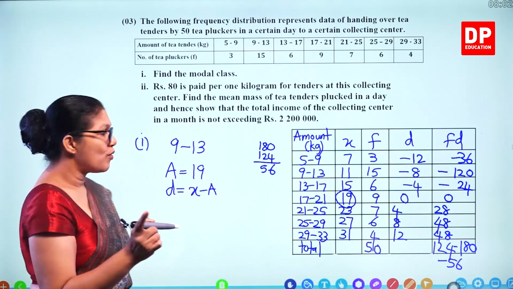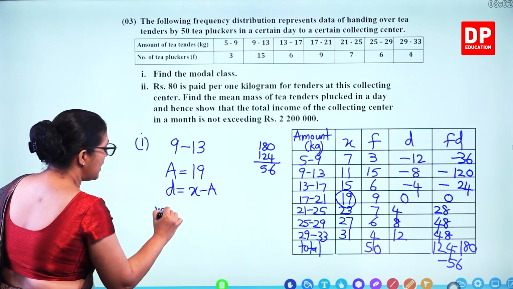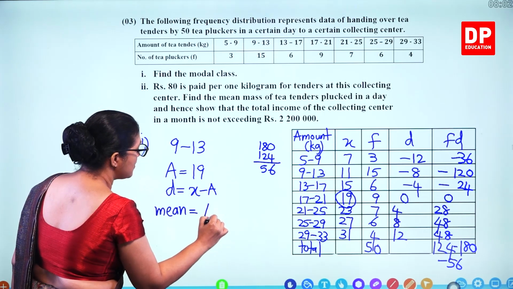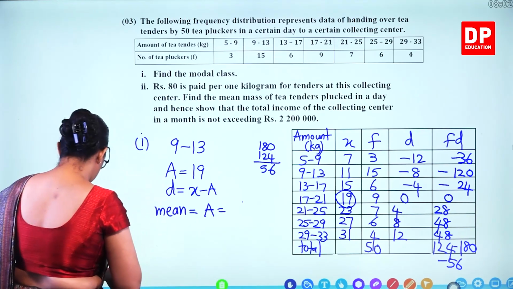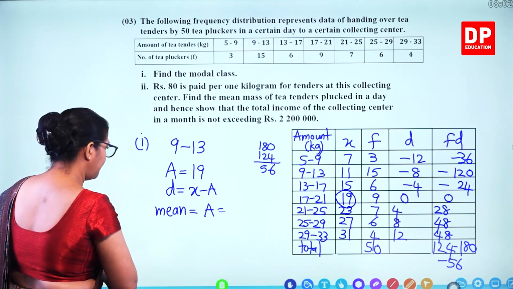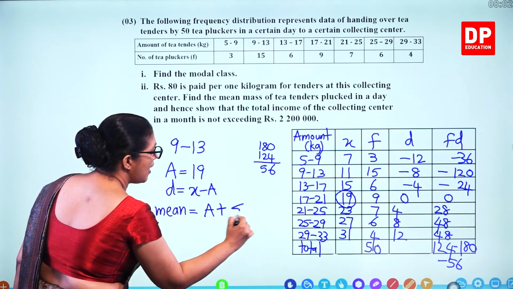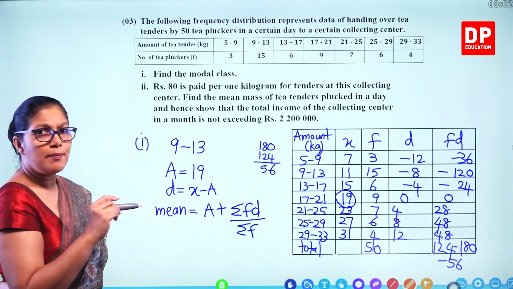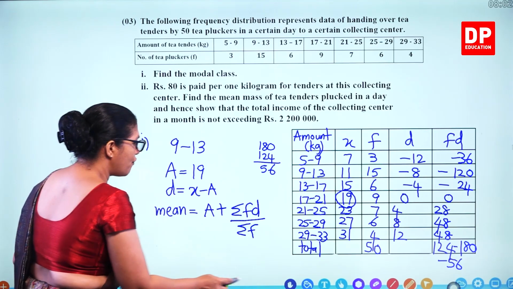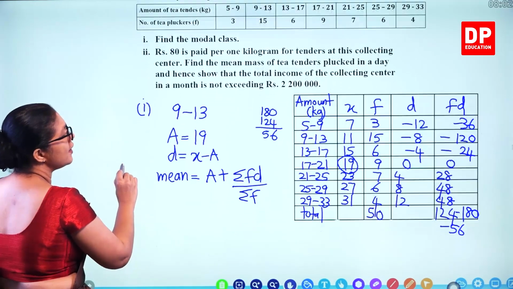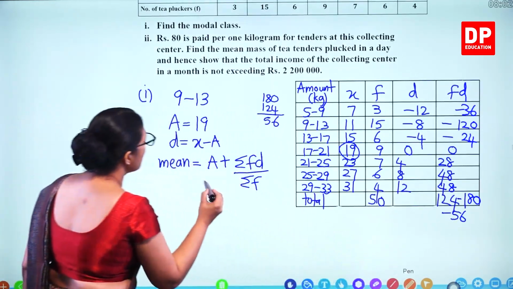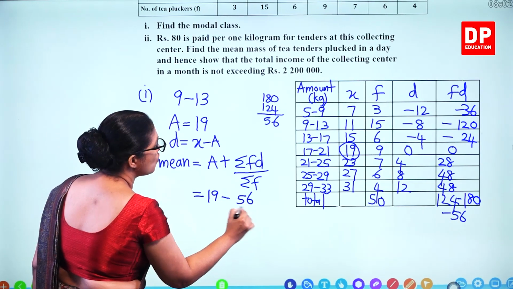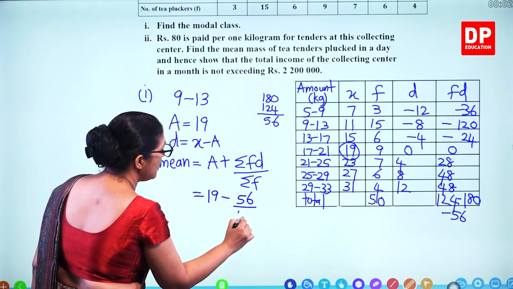Now we can find the mean. Mean is equal to A, the assumed mean, plus sigma FD over sigma F: the total of the FD column divided by the total of the frequency column. So what are the values? Assumed mean 19 and this is minus 56 over sigma F, that's the total 50.